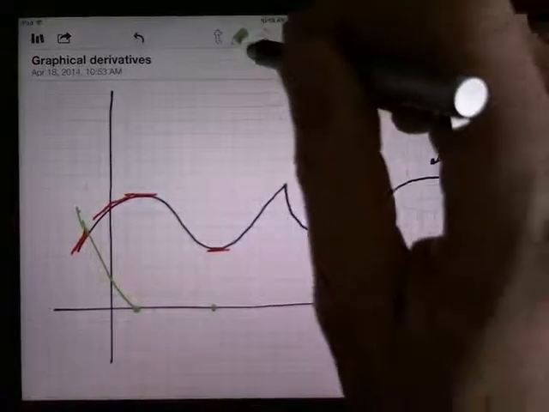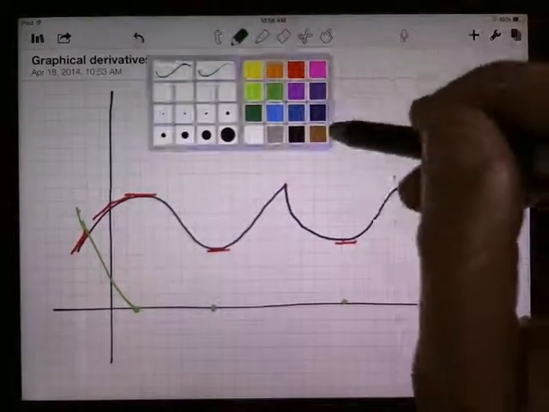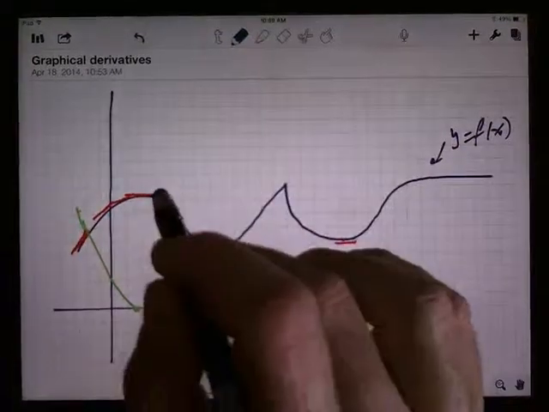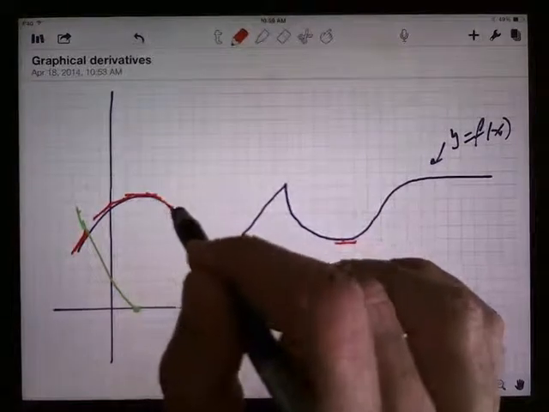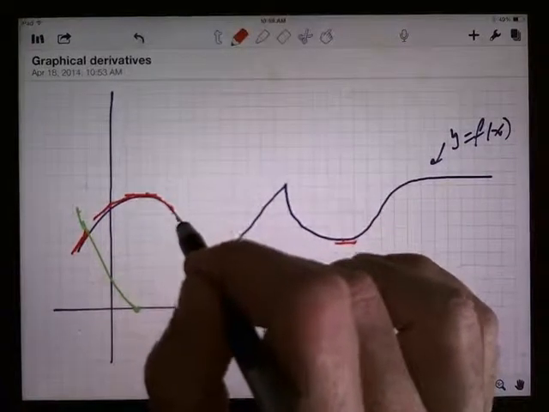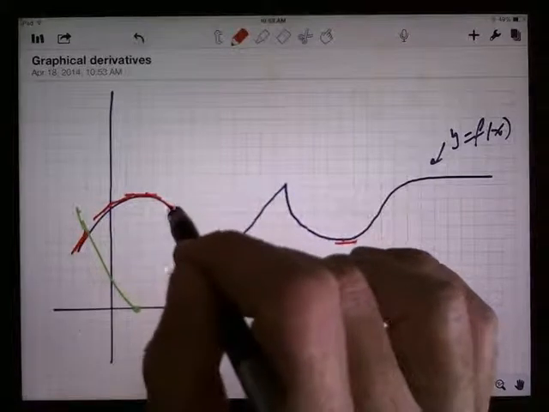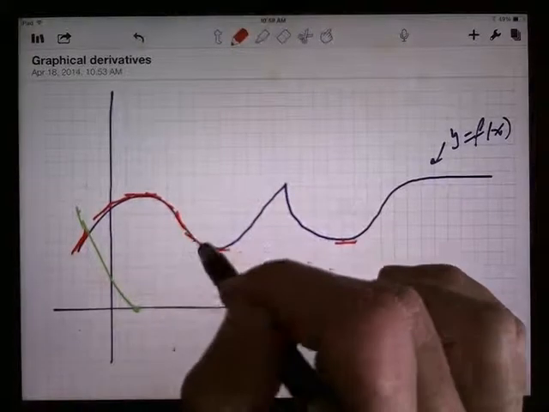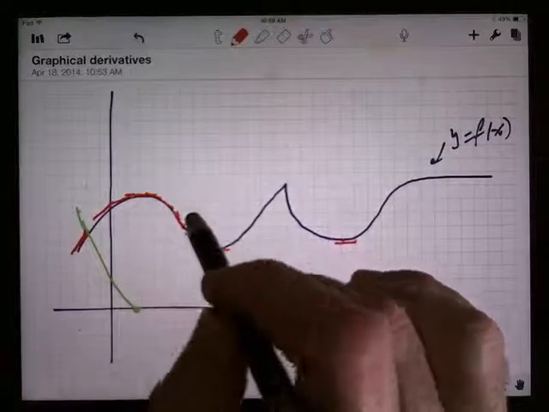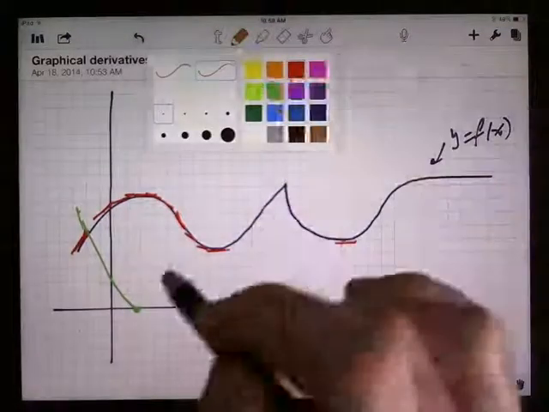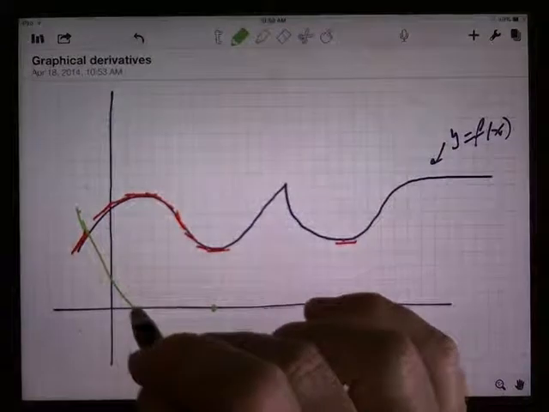Then, as I continue moving from left to right here, I can see the slopes getting negative. There's some point in here where it's as negative as it's going to be, as steep downhill as possible, and then it starts getting less. So these tangent lines now have negative slopes, so the y value of my derivative should be negative.